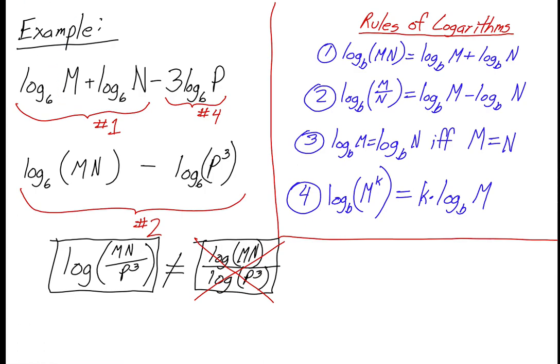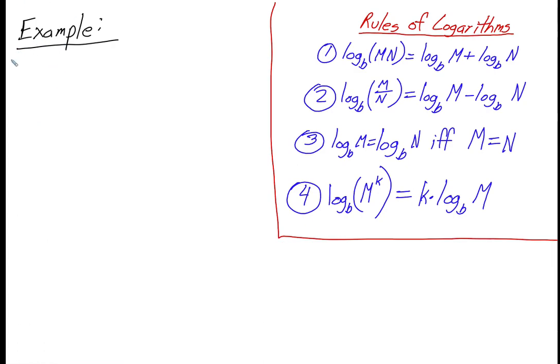Let's do one more where we work the other direction. If I've got the log of the cube root of m times n, and I want to break this up into individual logs where the logs are just log m and log n.